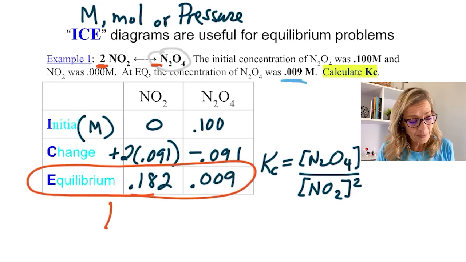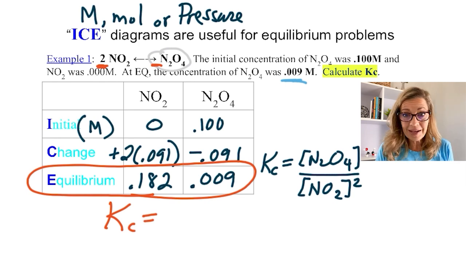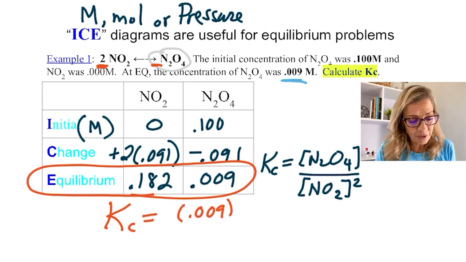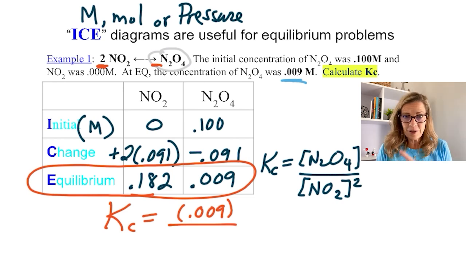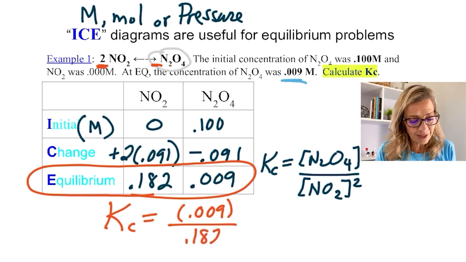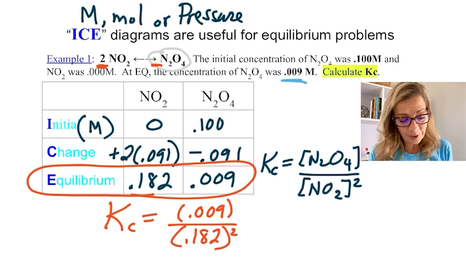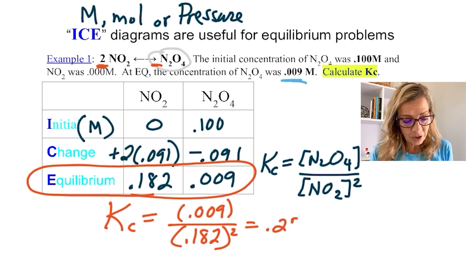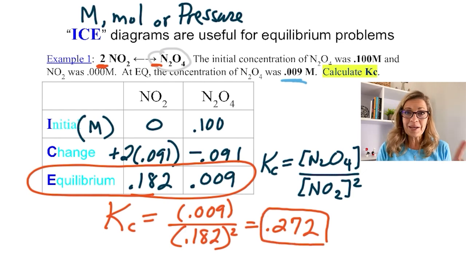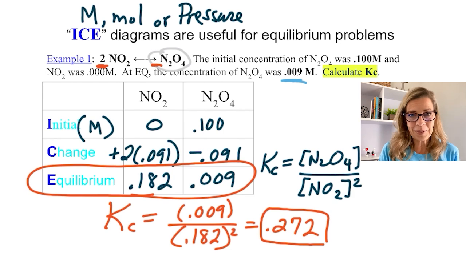So for the N2O4, I have 0.009, and then I've got that 0.182, and I will square that. Let the calculator do the work, and you get 0.272. So we found the equilibrium constant for this equilibrium.